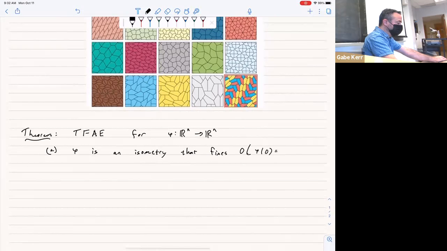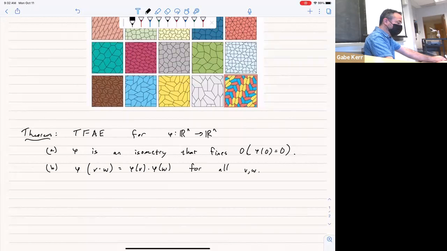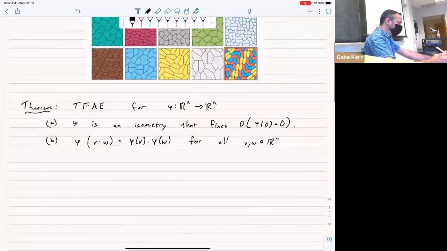B: B preserves dot products, so B(V) dot B(W) equals V dot W for all V, W. C: B is an orthogonal linear operator.